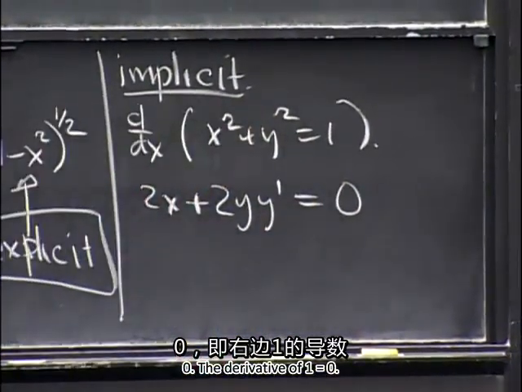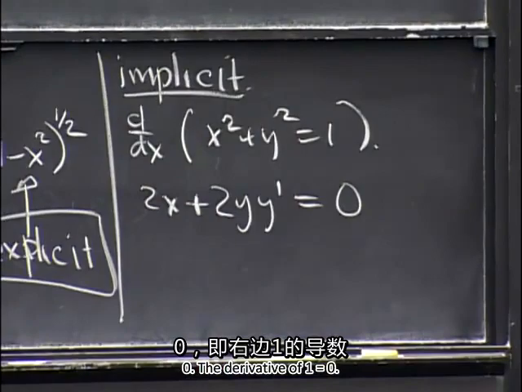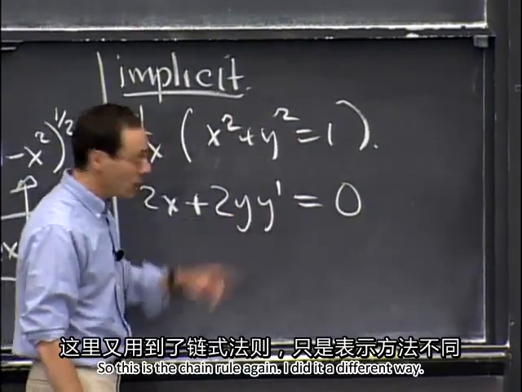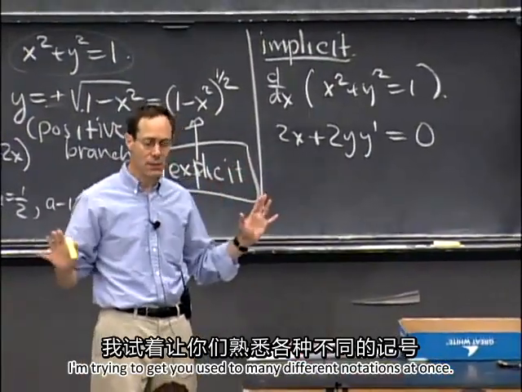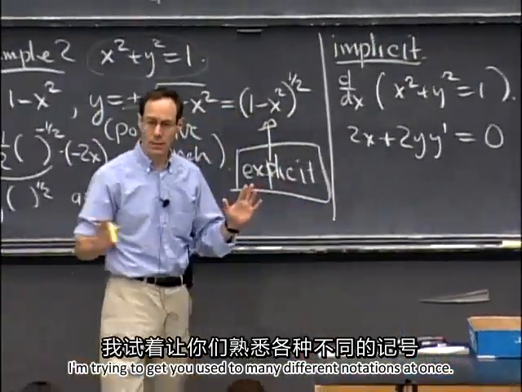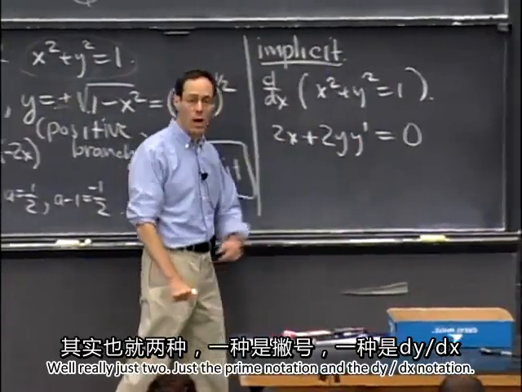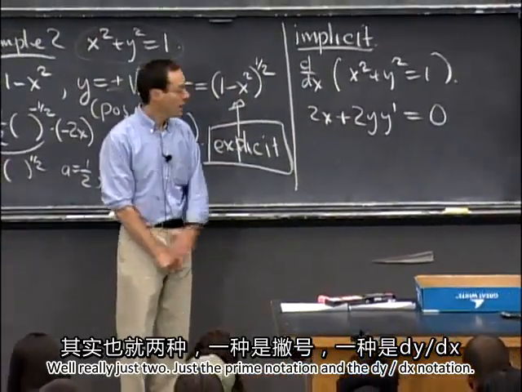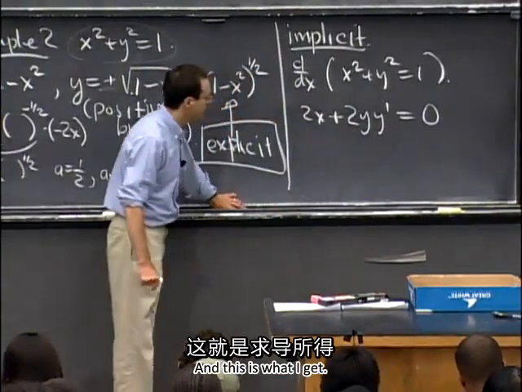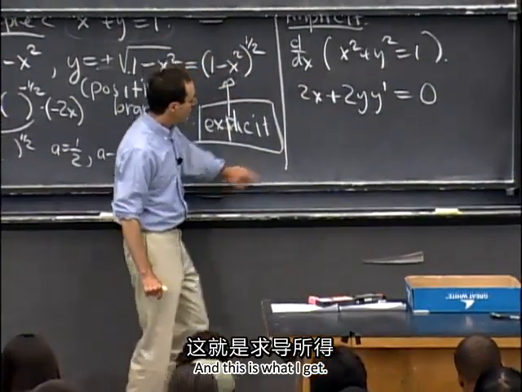Derivative of 1 is 0. All right, so this is the chain rule again. I did it a different way. I'm trying to get you used to many different notations at once here. Well, really just two, just the prime notation and the dy dx notation. And this is what I get. All right?